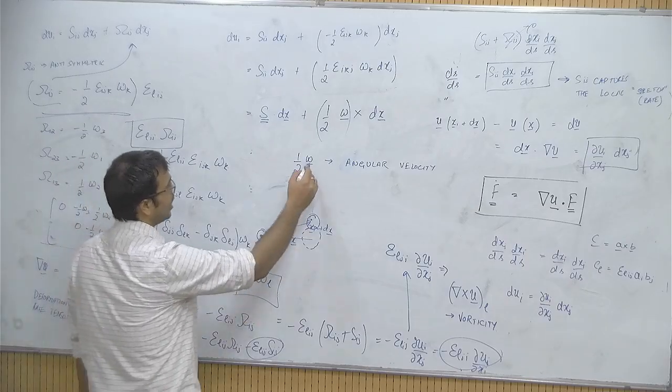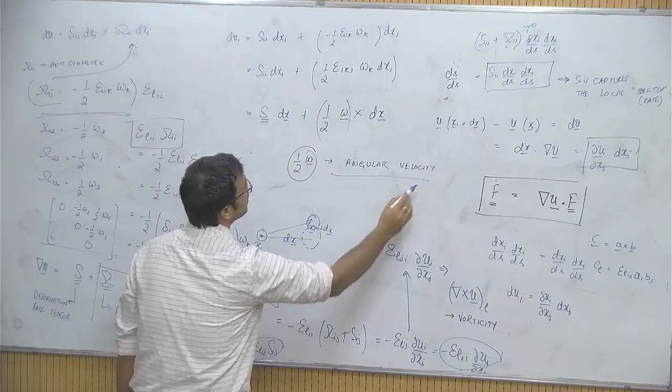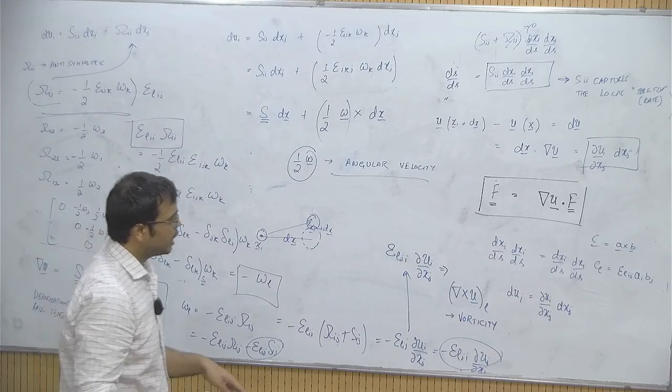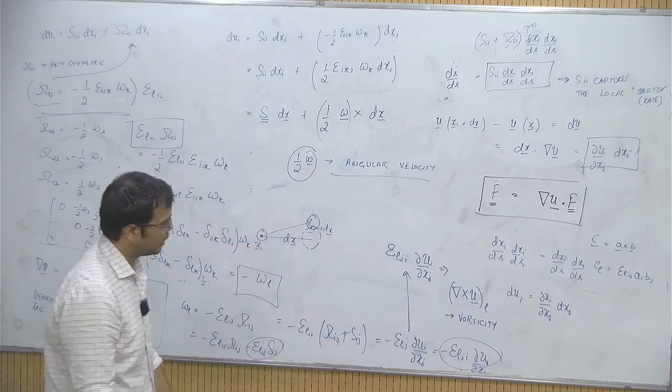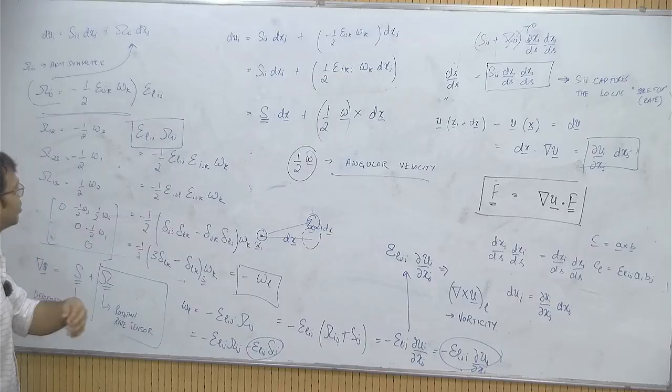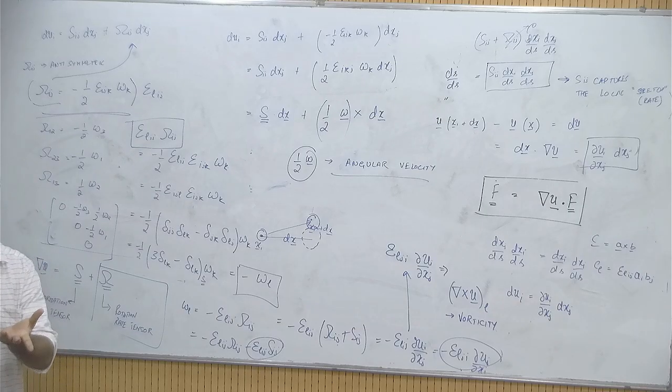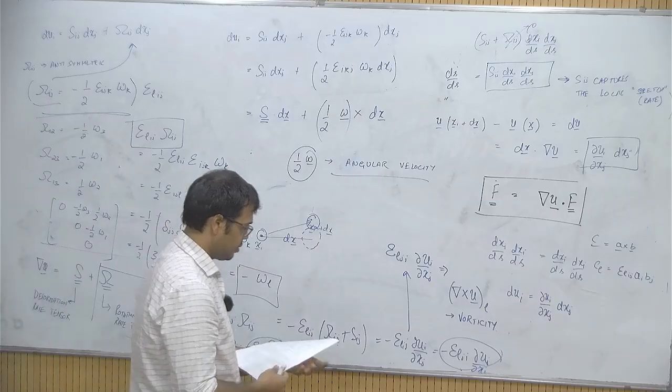And so half of vorticity is the local angular velocity in a fluid motion. Yeah, this is the whole proof. So just from the velocity gradient, a simple innocent looking tensor, this is all the information that we can derive.